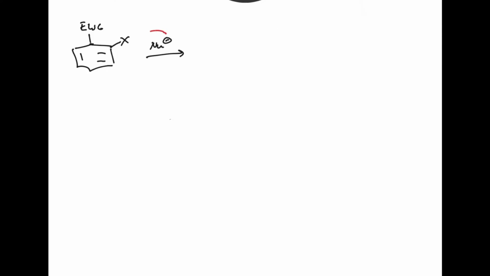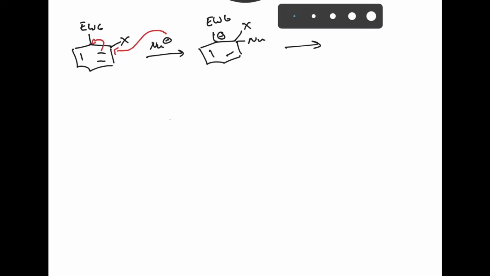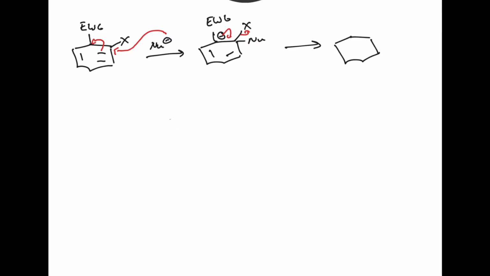Your nucleophile adds to the carbon that has the halogen, kicks electrons over. And then these electrons come down and push your halide out. Makes your X minus. Right?